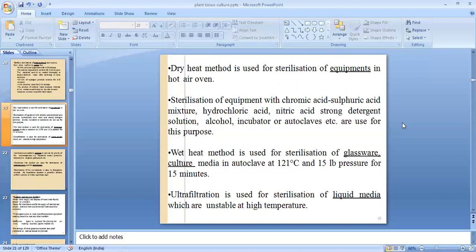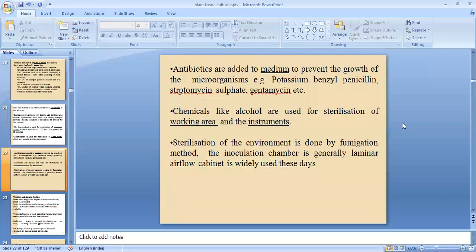And sometimes for the thermolabile components, the liquid media can be sterilized by ultrafiltration techniques. Sometimes antibiotics are added to the medium to prevent the growth of microorganisms. Some examples are potassium benzyl penicillin, streptomycin sulfate, gentamicin, etc.